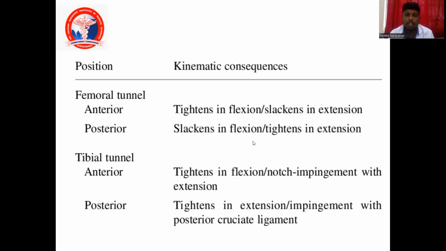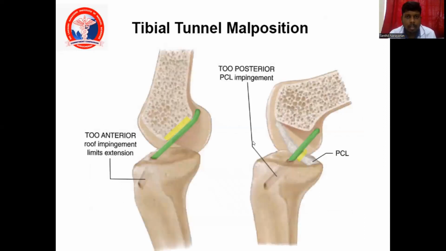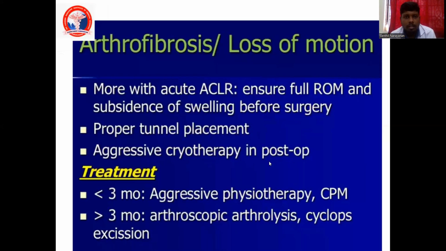A too anteriorly placed tibial tunnel causes impingement that limits extension, in the intercondylar notch. A too posteriorly placed tibial tunnel will cause impingement with the posterior cruciate ligament. So this is arthrofibrosis.